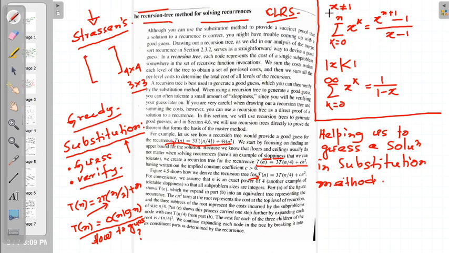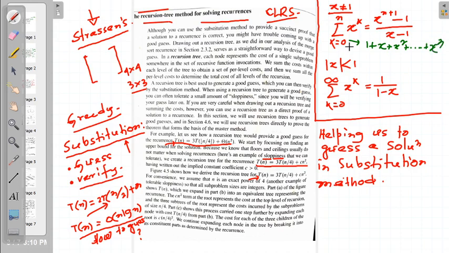If x not equal to 1, then the summation k equals 0 to n of x power k, that means if we expand it, is x power 0 which is 1, plus x power 1 plus x square plus up to x power n.